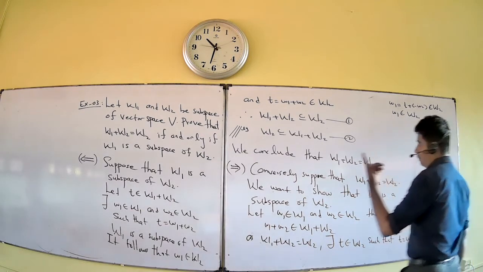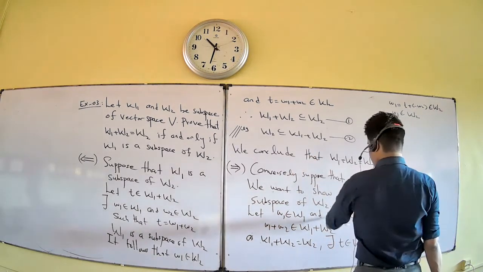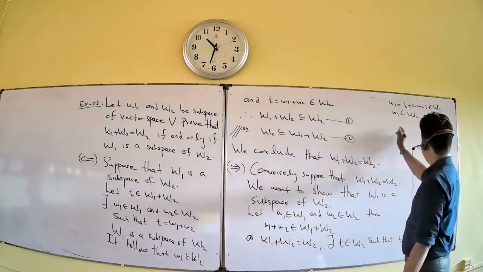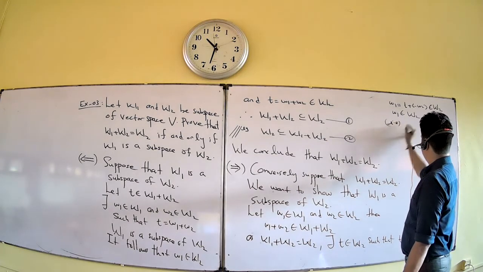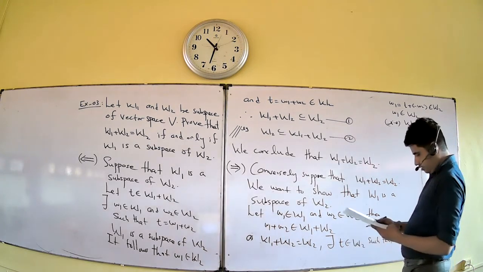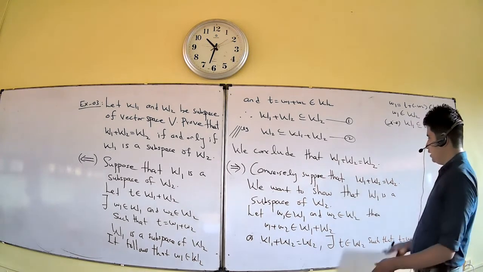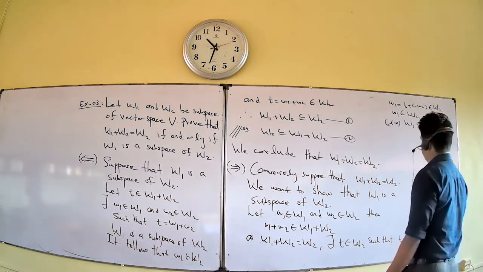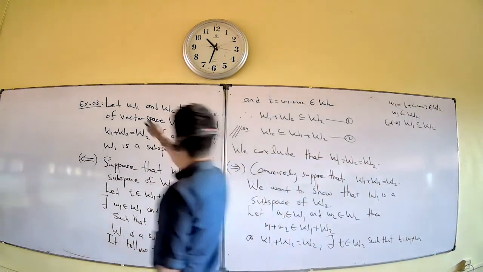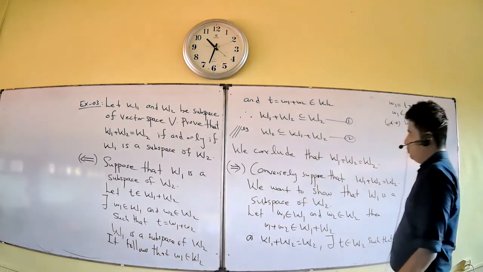We assumed here w1 belongs to capital W1. We proved w1 belongs to W2, which means W1 is a subset of W2. In particular, W1 is a subspace of W2, right? Because in the question they mentioned W1 and W2 are subspaces.